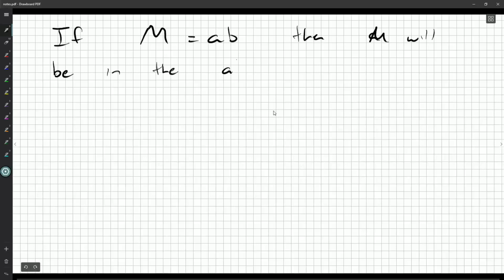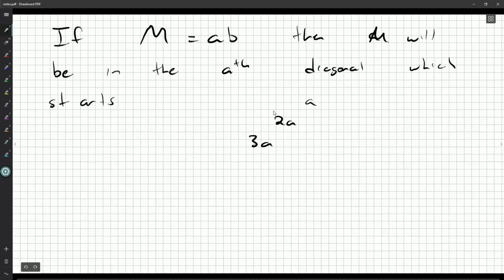So if I say my number m is equal to A times B, then m will be in the Ath diagonal, which starts with A, and then goes 2A, then 3A.